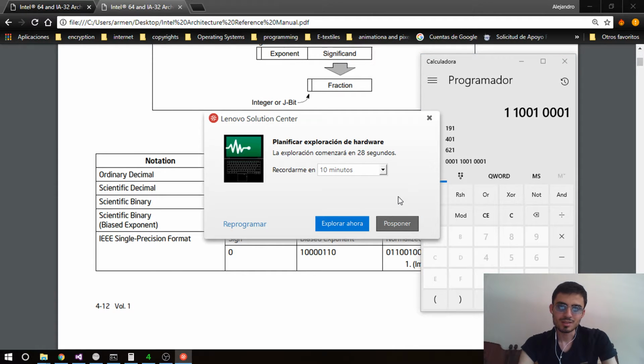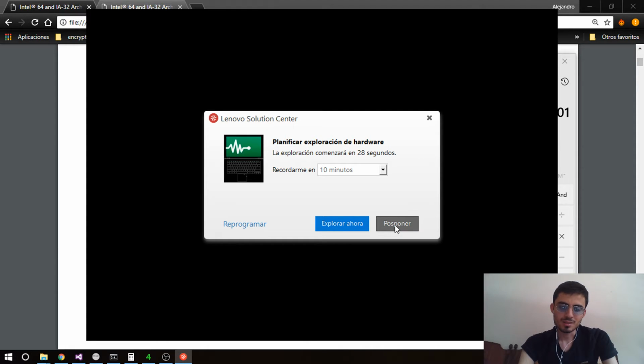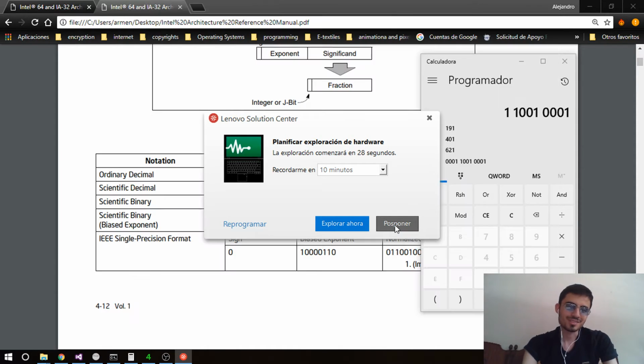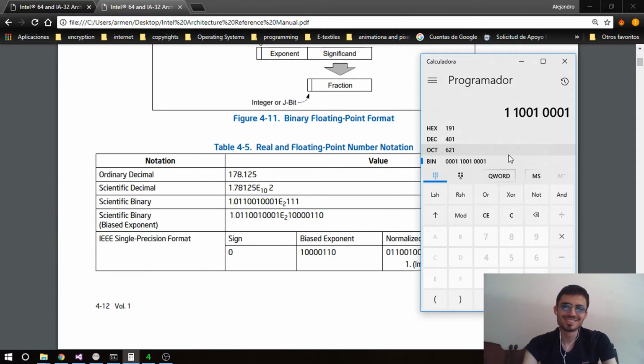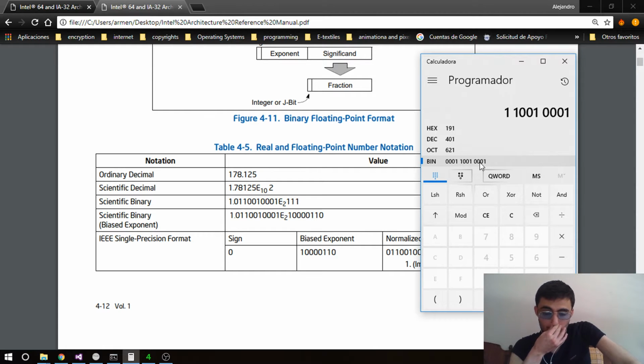No, I don't want this thing. Okay, so yeah, and the exponent is bigger because.